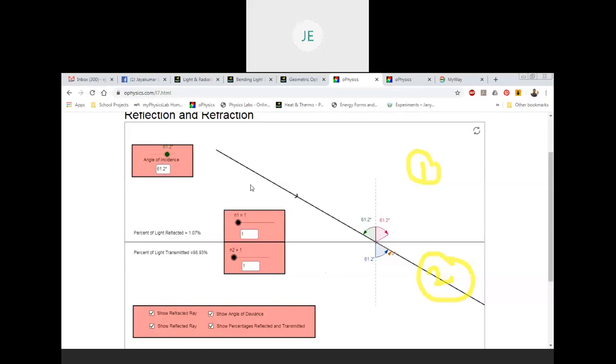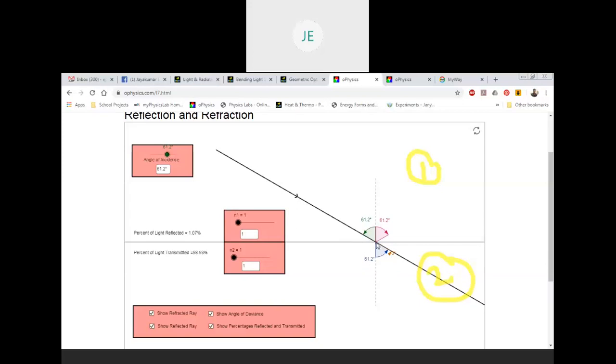Correct. If you extend the incident ray, and the deviated ray and the incident ray are coinciding, then the angle of deviation is 0. If it is bending, then there will be an angle of deviation.